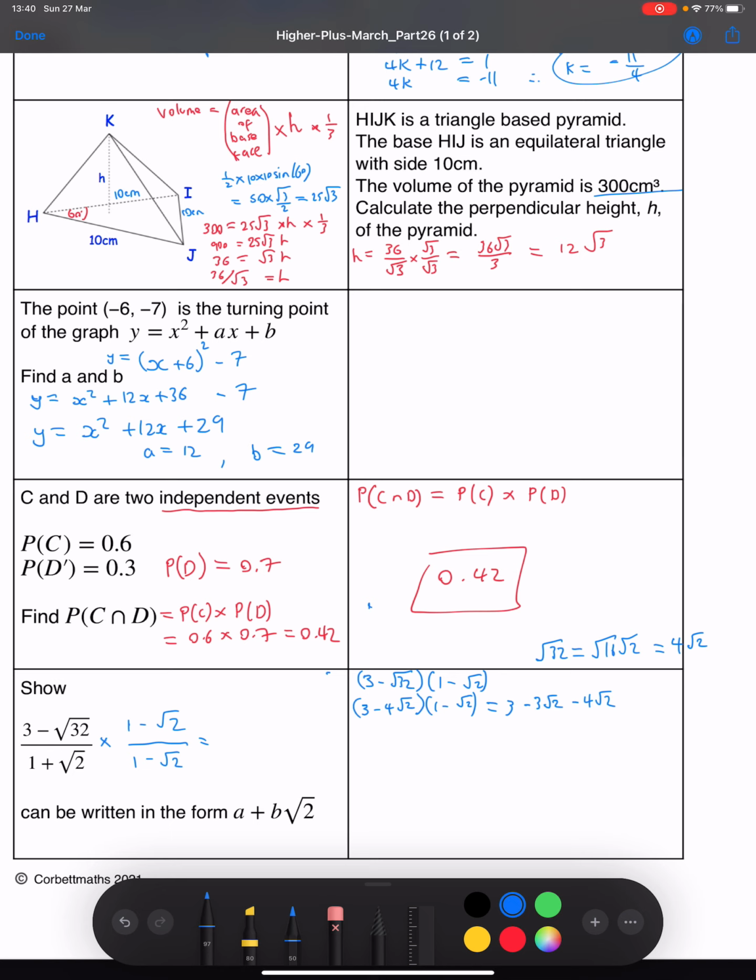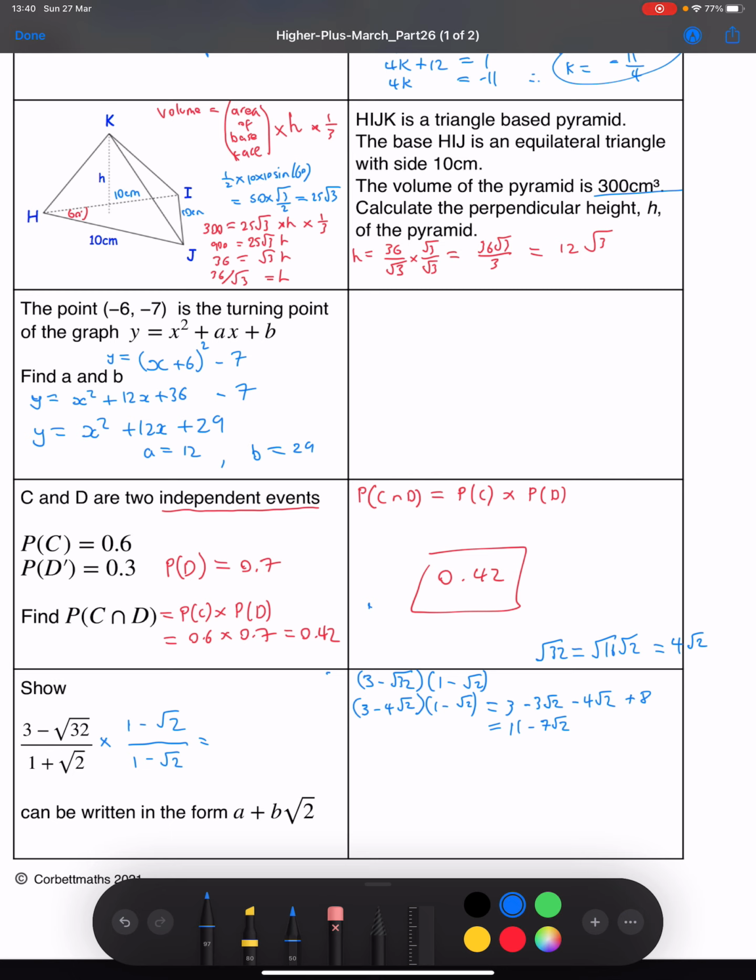The square root of 2 times the square root of 2 is just 2, and times that by the 4 gives us 8. So it's plus 8. Then 3 plus 8 is equal to 11. Minus 3 root 2 minus 4 root 2 is minus 7 root 2. So 11 minus 7 root 2 is the top bit.